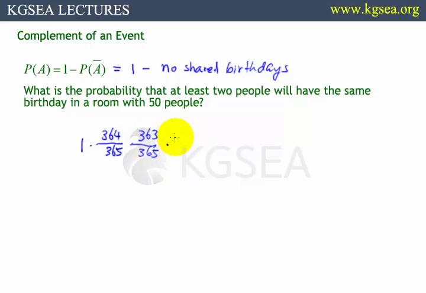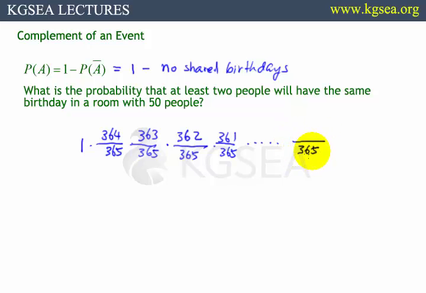When the fourth guy comes here, we don't know which days they are, but on the calendar, the 3 days are taken out by these. So he has to pick one of those remaining days to be his birthday. And when the fifth guy comes in, and so on. So what would be the 50th guy's story here?